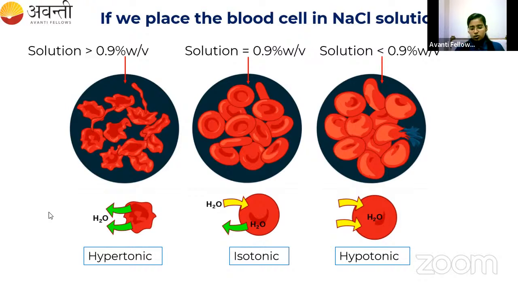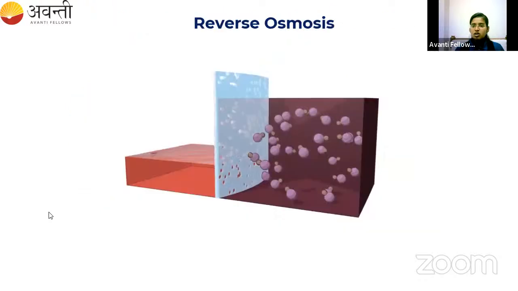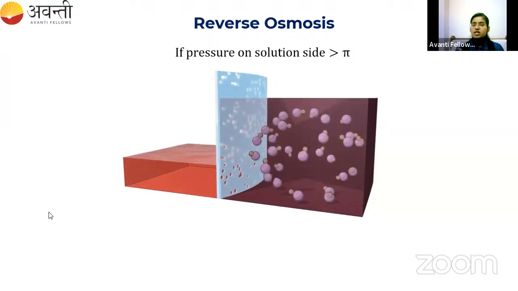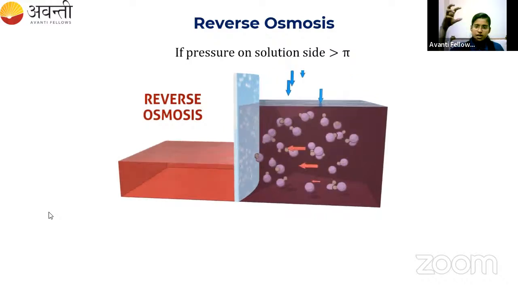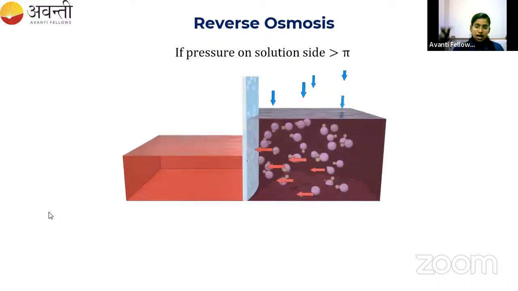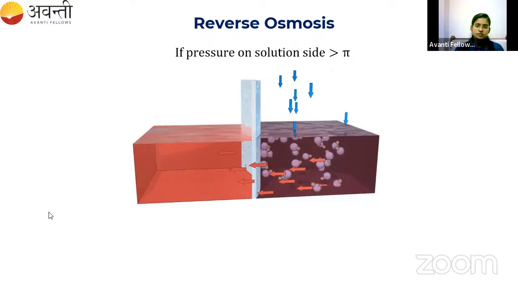Now the next is reverse osmosis. What is reverse osmosis? Opposite of osmosis. If the pressure on the solution side is greater than the osmotic pressure, then we call it reverse osmosis. You see here, I am applying some pressure on the solution side and that pressure is greater.